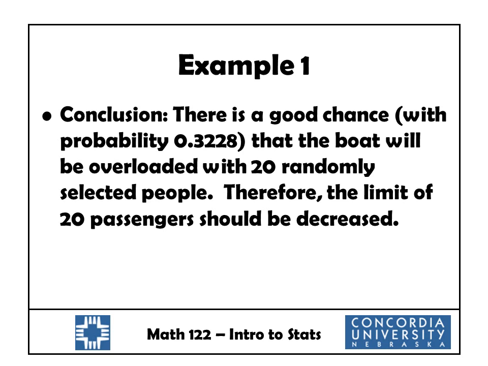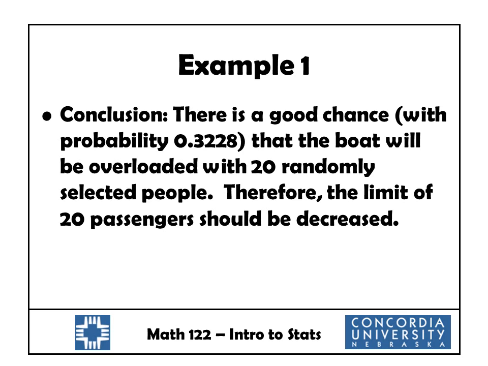So let's state a conclusion here. There's a good chance, with probability of 0.3228, that the boat will be overloaded with 20 randomly selected passengers. That's a very high probability. That's much greater chance than we probably want to take. So therefore the limit of 20 passengers should be decreased. Now just how much should it be decreased is a bit subjective.